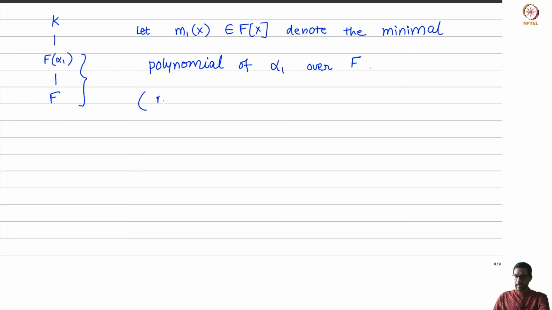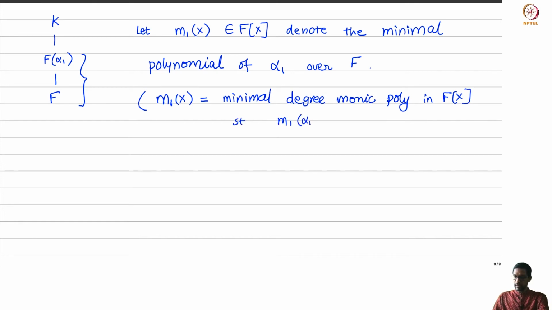So what is m1(x)? Recall, this just means m1(x) is the minimal degree monic polynomial in F[x] satisfied by alpha 1, such that m1(alpha 1) is 0.